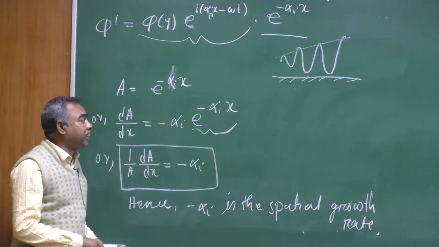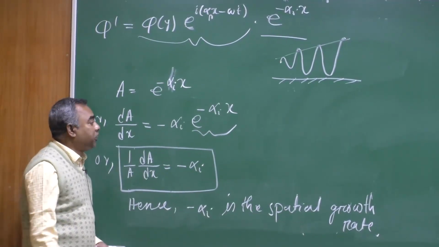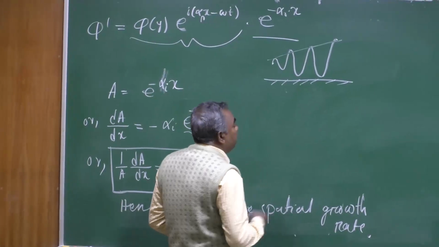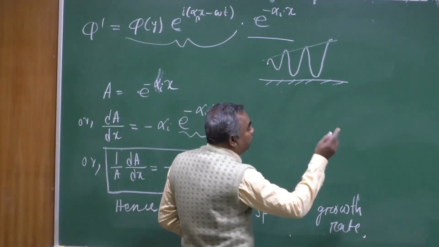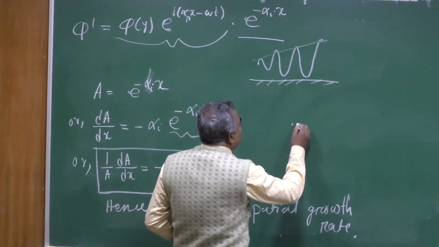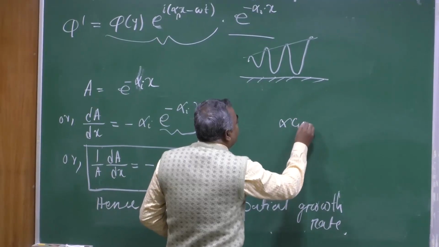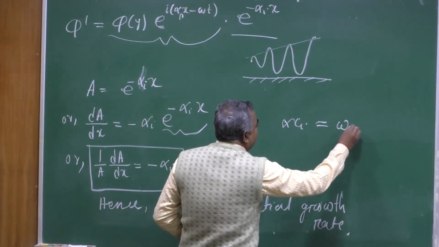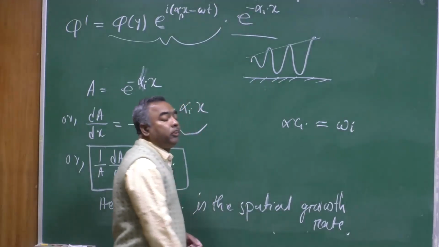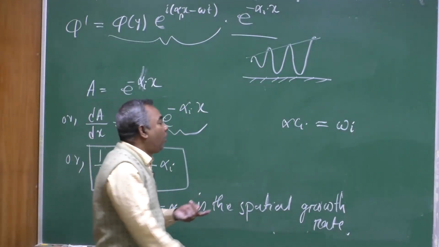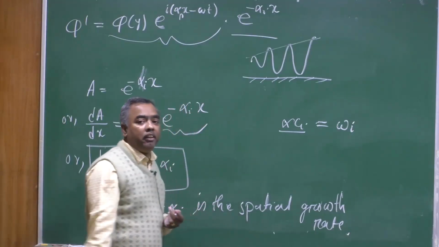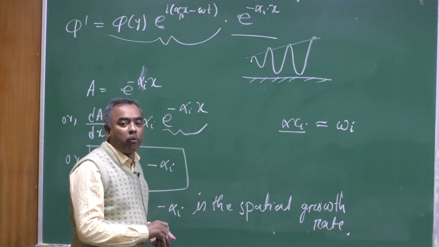In a similar fashion, it can be shown that for your temporal approach, your c i, okay, alpha c i, which is nothing but your omega i, will be the growth rate, or equivalently c i is basically your temporal growth rate.